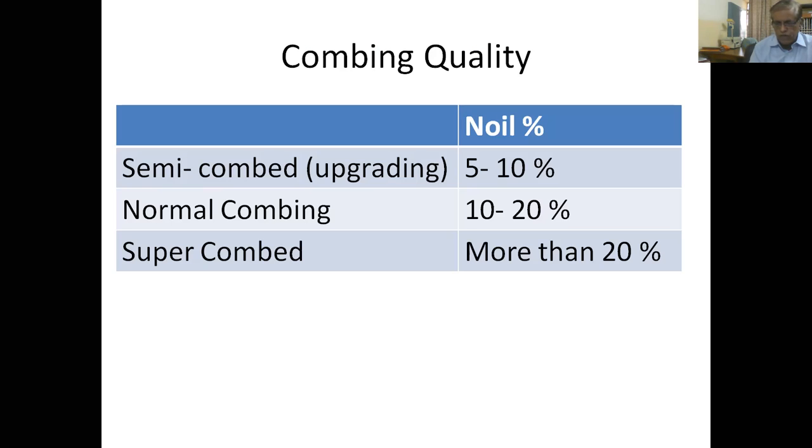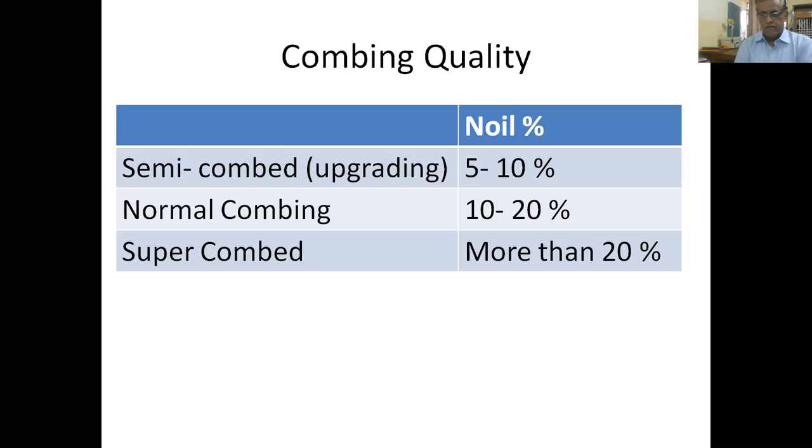And super combing is where the noil removed is more than 20%. The most common is normal combing. 80% of cases are normal combing, and generally in the industry 14%, 16%, 18%, 20% noil is removed.